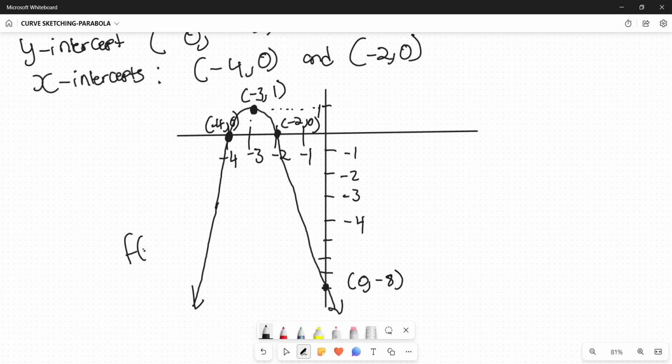This is our parabola f of x equals to negative x squared minus 6x minus 8. So yeah, and there you have it. We have successfully sketched the graph of the parabola f of x equals to negative x squared minus 6x minus 8.